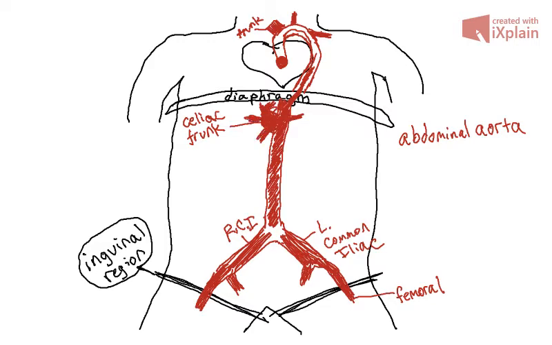And we'll get to those branches in a minute, but I want to continue down the abdominal aorta. Let me outline this for you. This is the celiac trunk, and it has this going off of it, and this branch going off of it. So I hope you can see that.